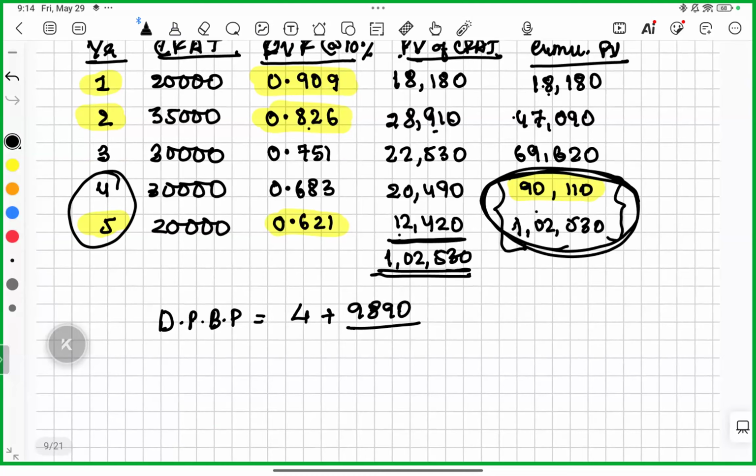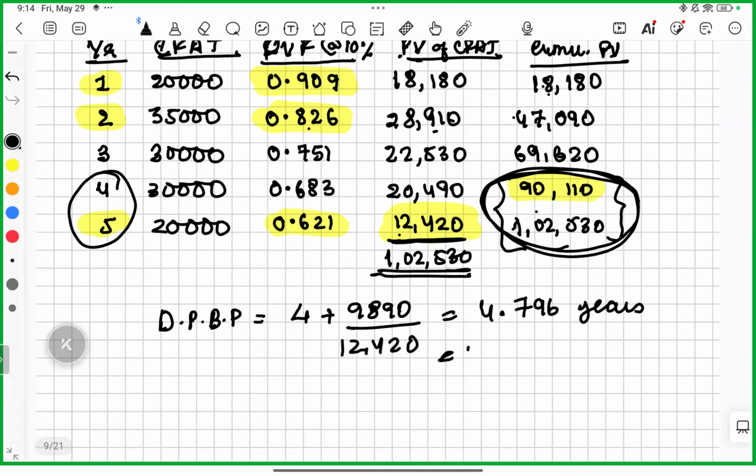Divided by, when will you receive this amount? You will receive this amount from the present value of cash flow of year 5. So out of this 12,420, you have to recover 9890. So it will take 4.796 years to recover this investment.